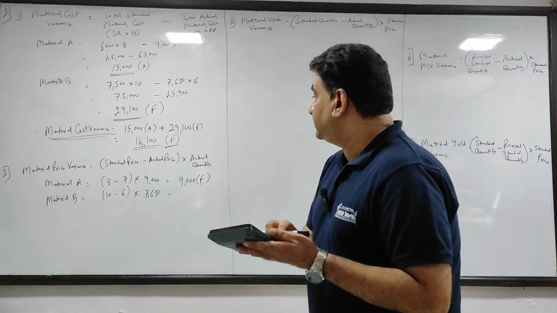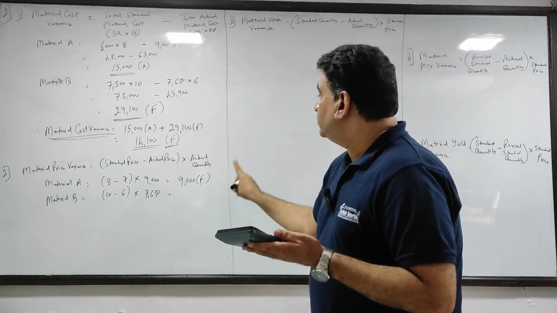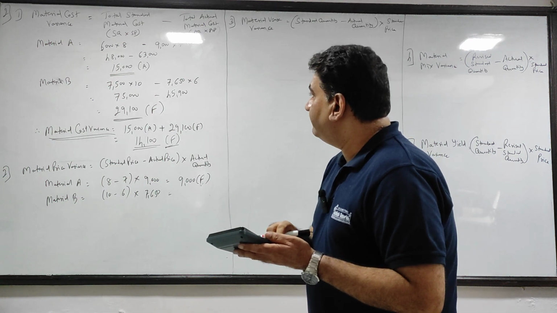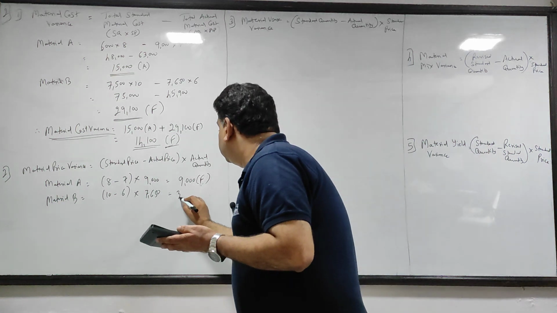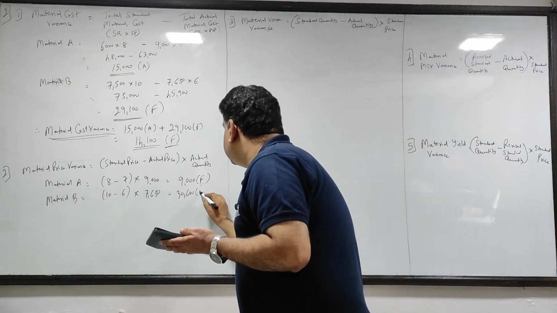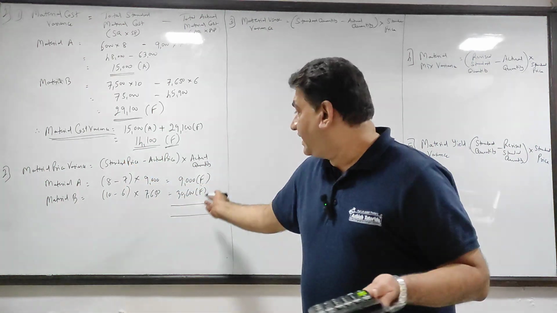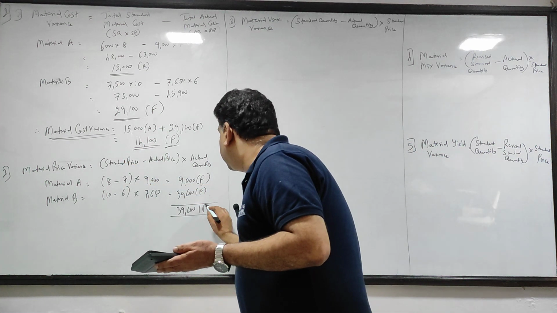So 10 minus 6 is 4, into 7650, that is 30,600 favorable. No need to do it separately like that, I can add it here only. So 39,600 favorable.